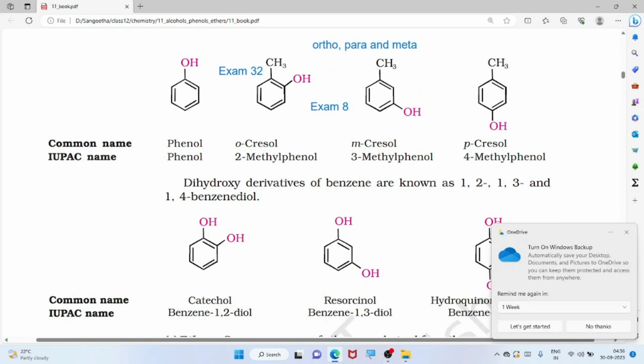This is ortho position, meta position, para position. OH is in ortho, this is in meta position, this is in para position.